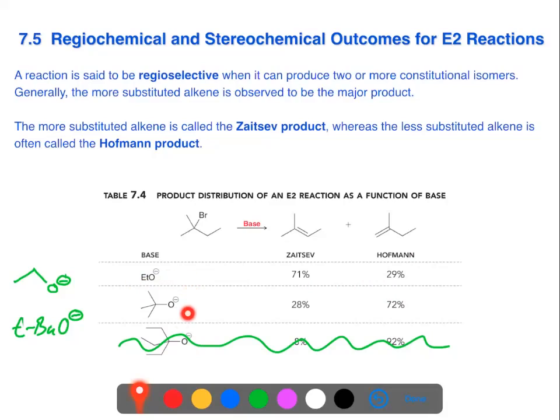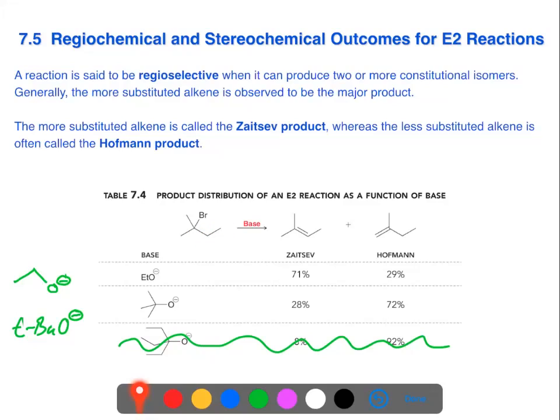When tertiary butoxide is used, we refer to this as a sterically hindered base or a bulky base. When this is used, access to the more highly substituted beta carbon is limited. As a result, more of the alkene will form from the beta carbon that is less hindered. So here we have a CH3 group, here a CH2 group attached to a methyl group.